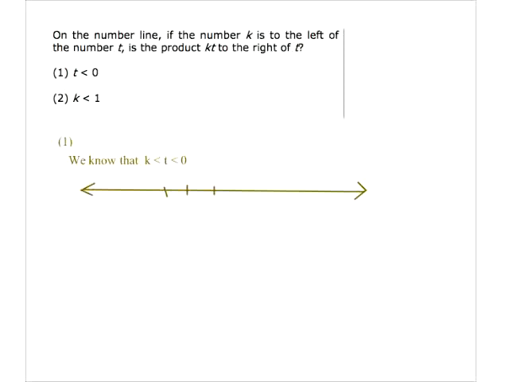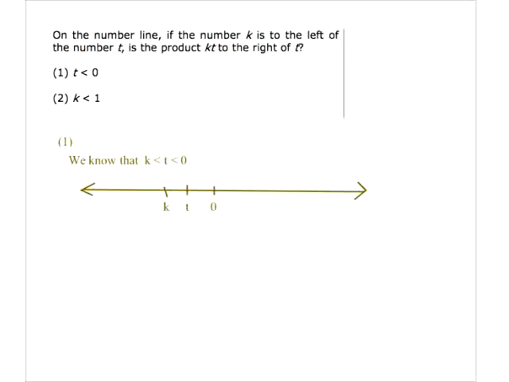This is not a scale diagram, but it'd have to be in this order at some position. So tell me something about kt.